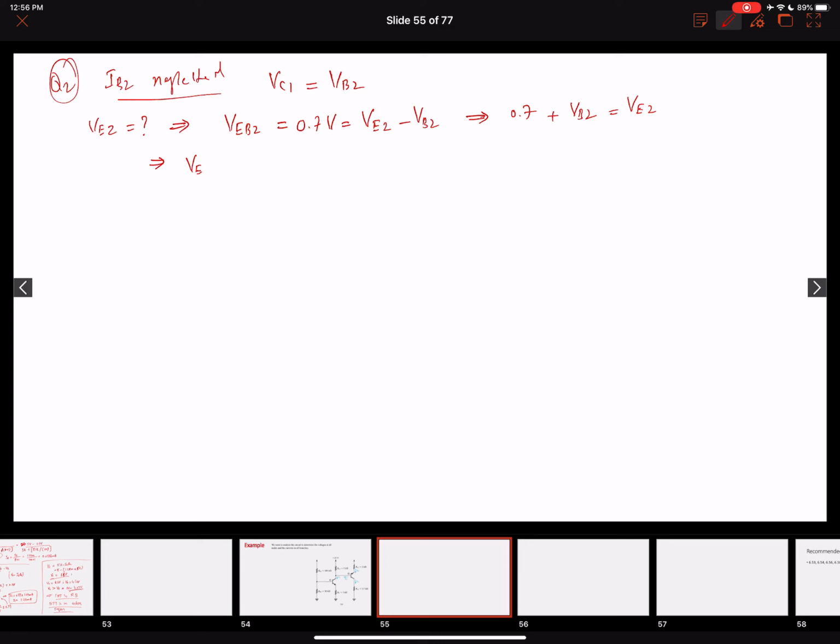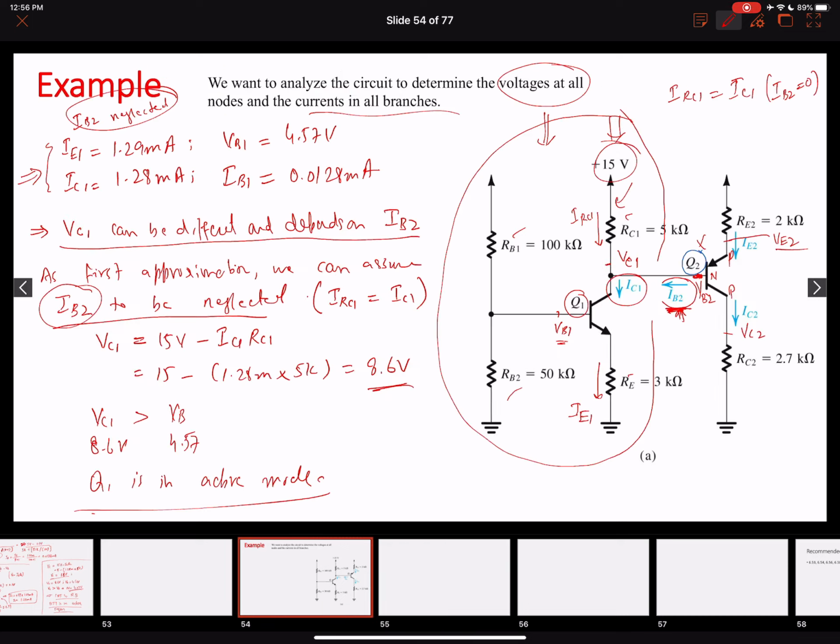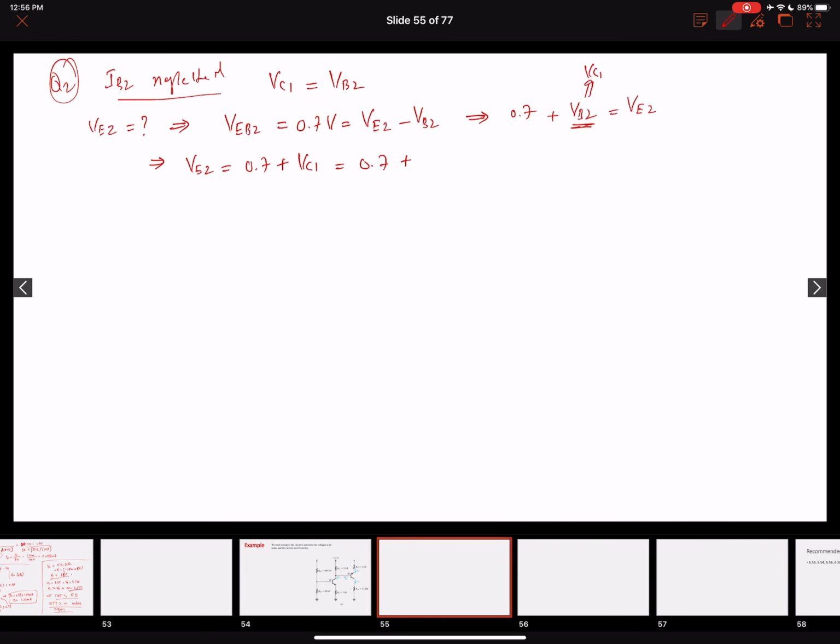We just saw that VB2 is equal to VC1. So VE2 equals 0.7 plus VC1, which is 0.7 plus 8.6 volts, and it comes out to be 9.3 volts. So the value of VE2 is 9.3 volts.